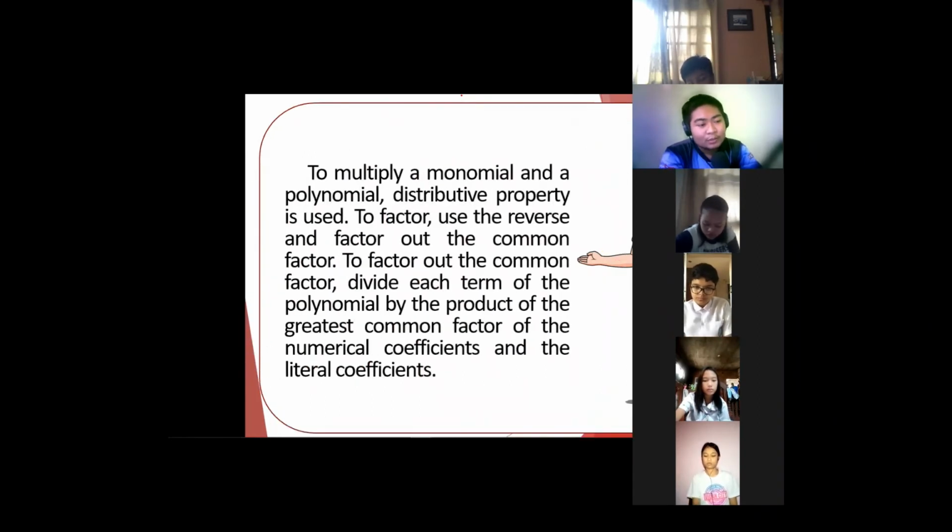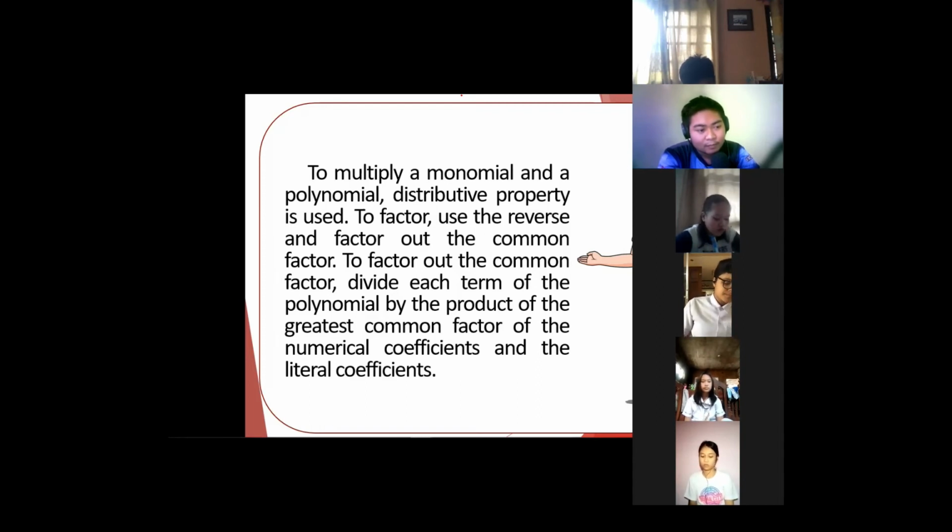Okay. So, to multiply a monomial and a polynomial, the distributive property is used. So, to factor, use the reverse and factor out the common factor. To factor out the common factor, divide each term of the polynomial by the product of the greatest common factor of the numerical coefficients and the literal coefficients.